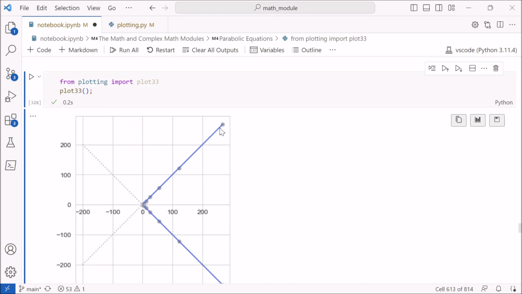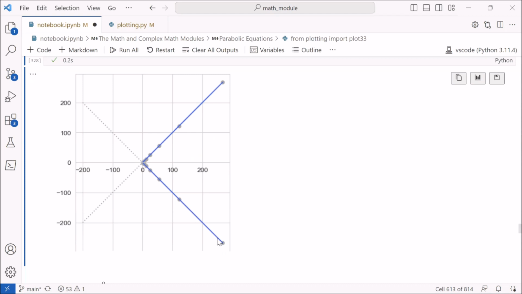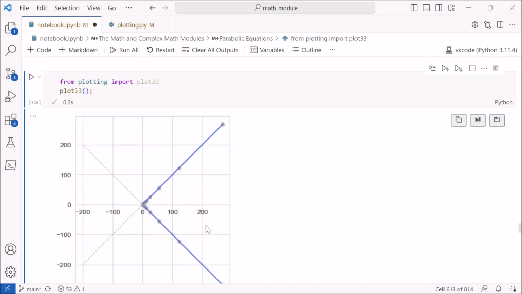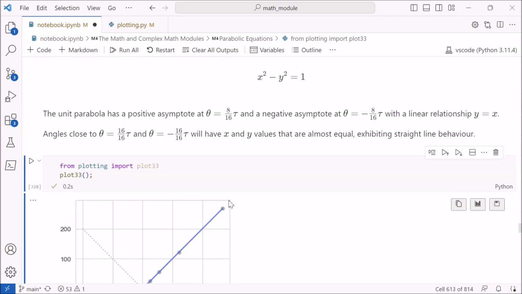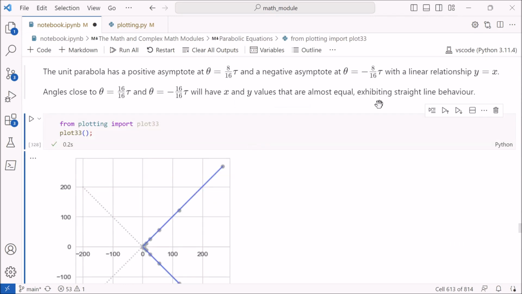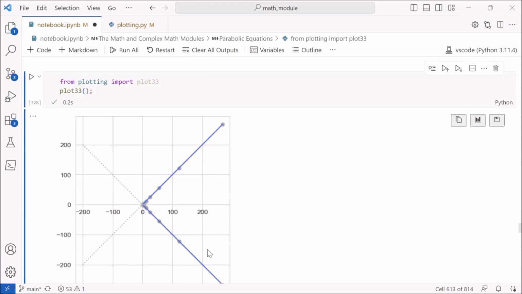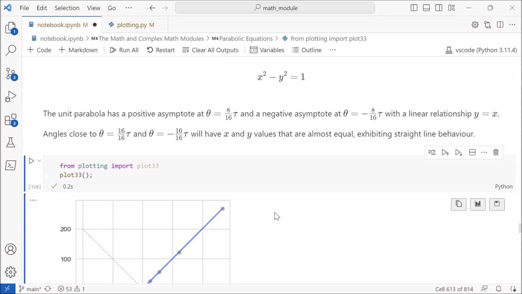So towards here, you've basically got a straight line, and you've got a straight line here where x equals y and y equals x. Kind of interesting part happens along here, which you can't really see if you see the full parabola. So towards these limits, you've got your straight line, and towards here, you've got deviation from a straight line.